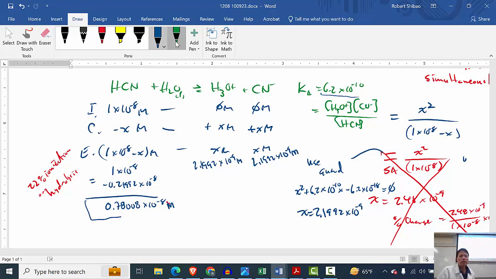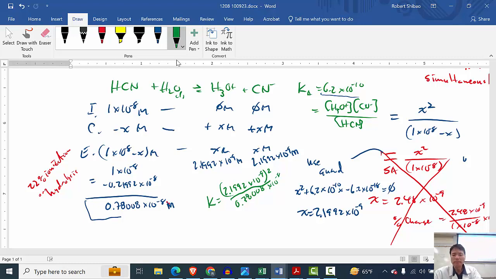All right, so what we're going to do is double check our K value to make sure it comes out close to what was given. So take the hydronium times the cyanide, which is the same, so I'll just square that, divided by the HCN, which came out to 0.78008 times 10 to the minus 8.